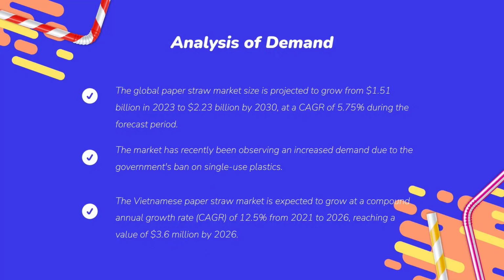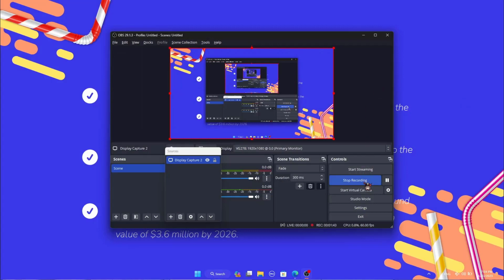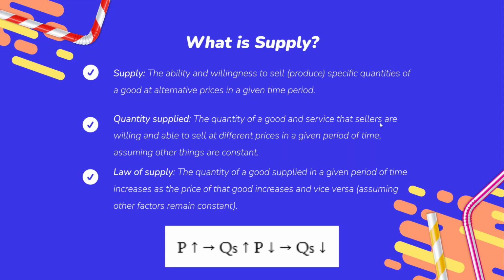Analysis of demand: for example, the Vietnamese paper straw market is expected to grow at a compound annual growth rate of 12.5% from 2021 to 2026, reaching a value of $3.6 billion by 2026.